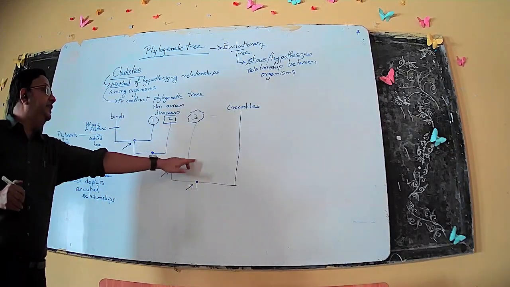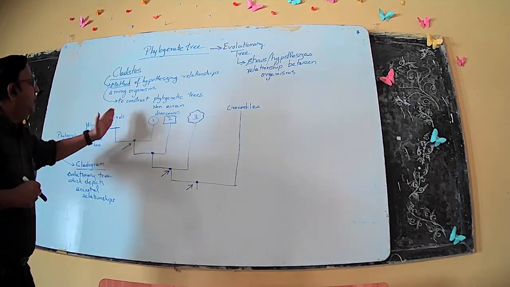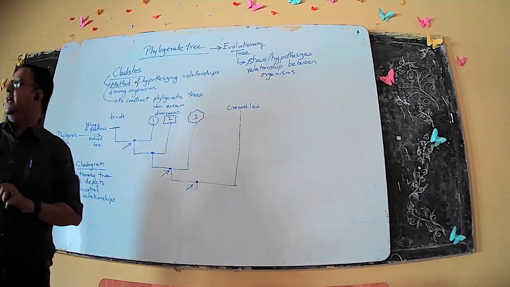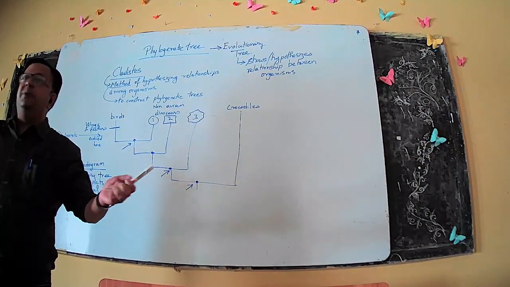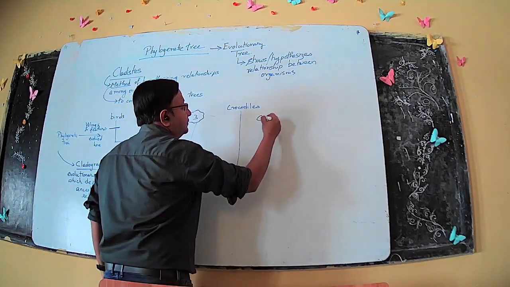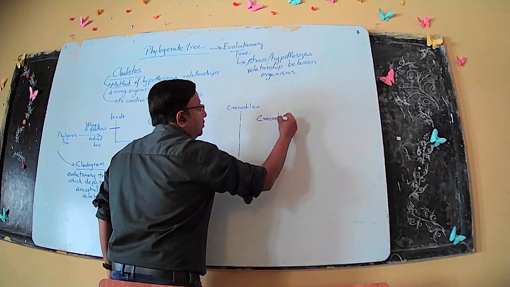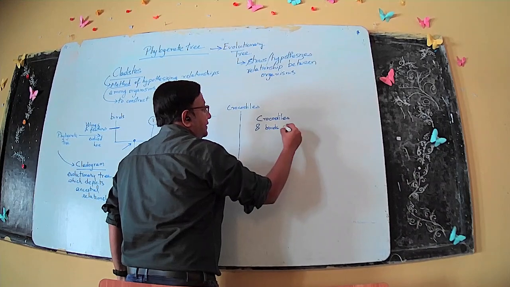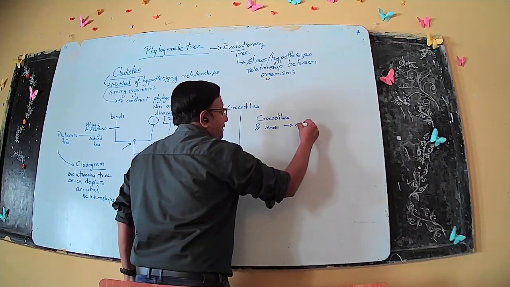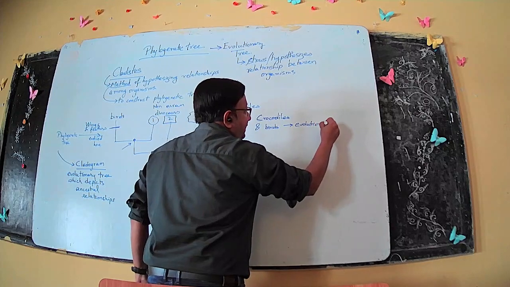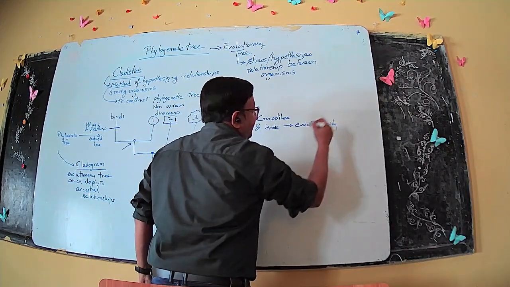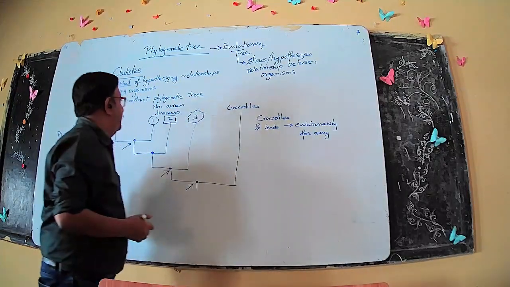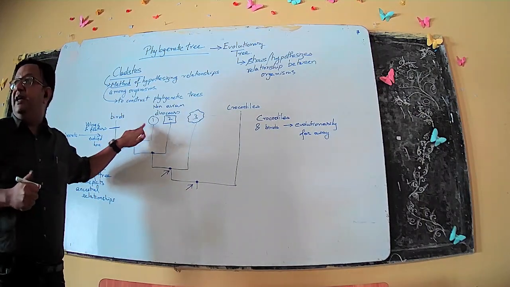So from this relationship, you can say crocodiles and birds are evolutionarily far away, and birds and non-avian dinosaur 1 are closer.